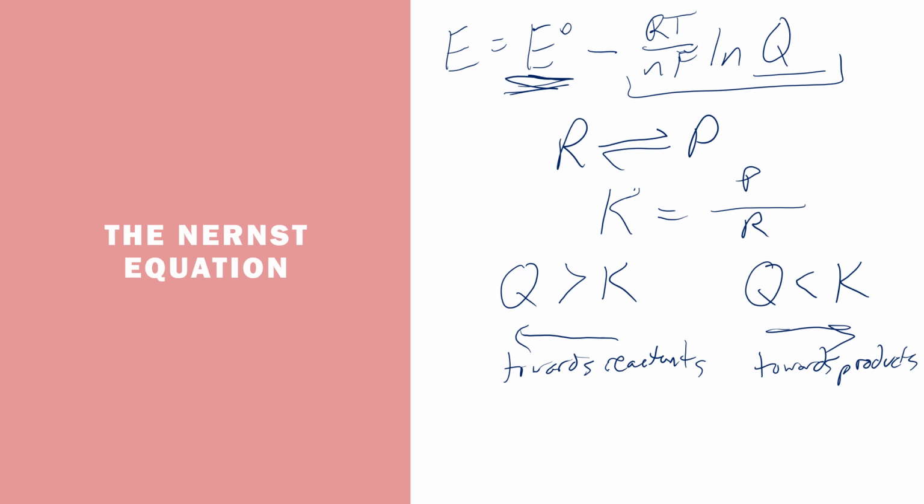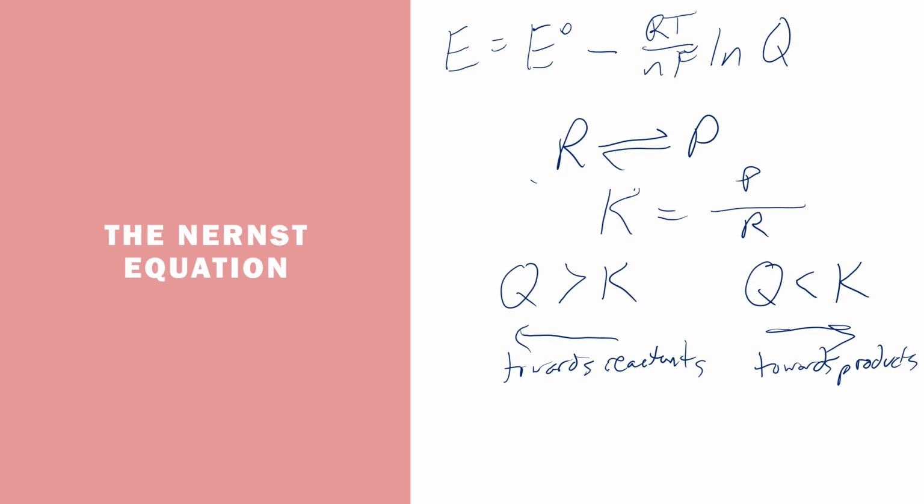So when you're subtracting a negative, it's like adding a positive, and so your non-standard cell potential will be greater than your standard cell potential. And that makes sense because you're going towards the products, you're driving the forward reaction, so you're creating more of a potential difference. Right?